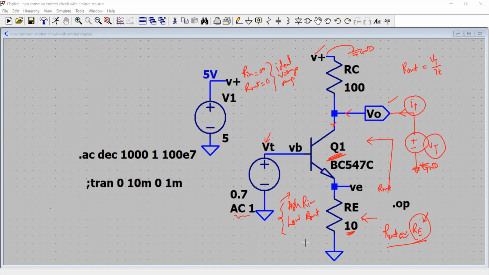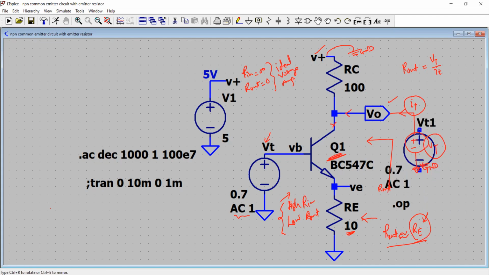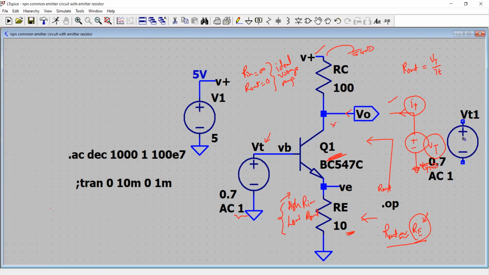So what I'm going to do is I will apply the voltage source right here. I will just say this is my voltage source. I will press F6. So this got copied and I place it somewhere here.